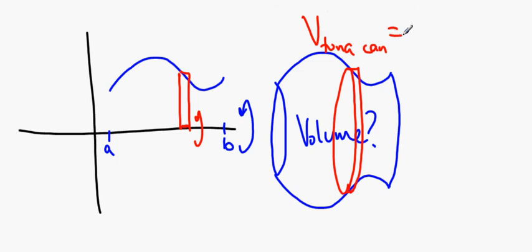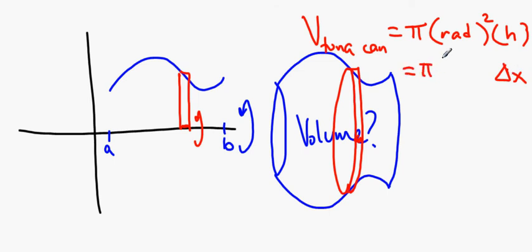So what is the volume of a tuna can? A tuna can is just a fancy name for a cylinder, and the formula for the volume of a cylinder is pi times the radius squared times the height. The height of the tuna can is a very teeny tiny change in x, and pi is pi. So what is the radius of the tuna can?